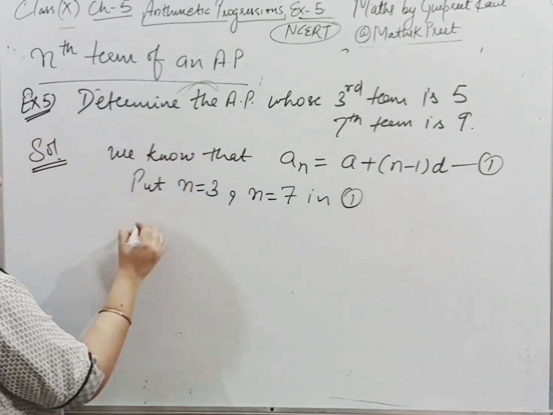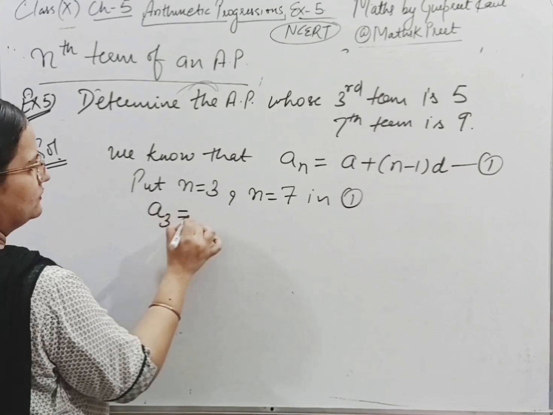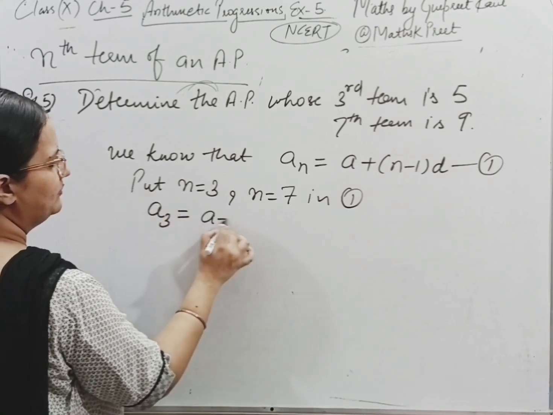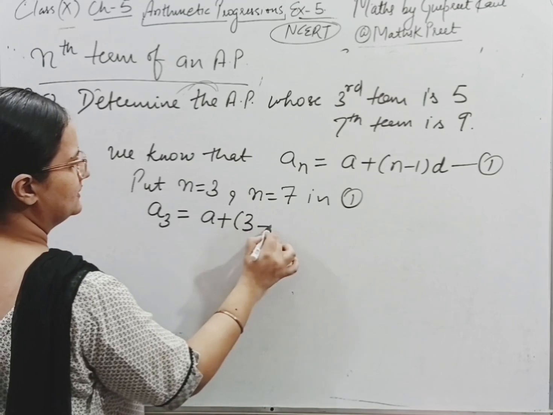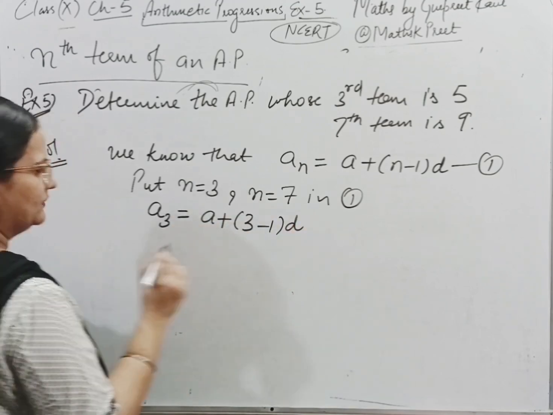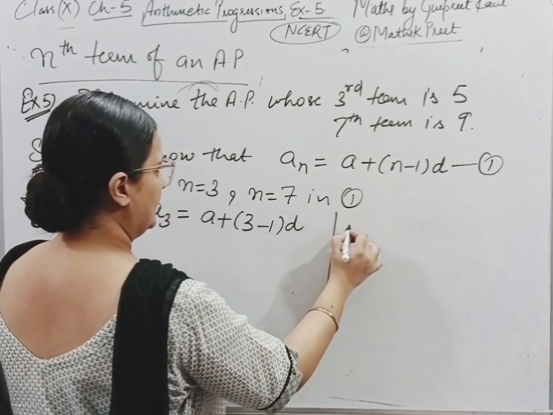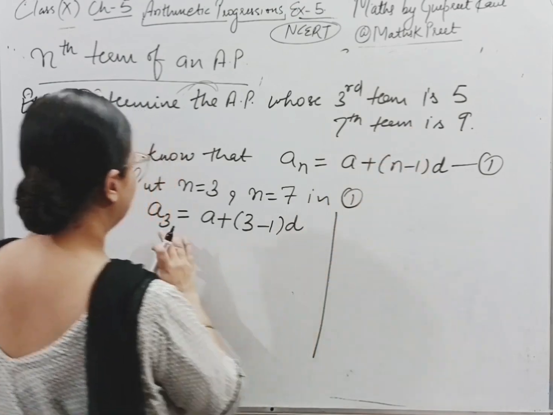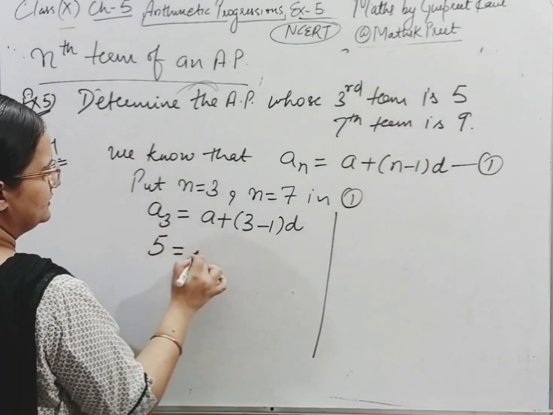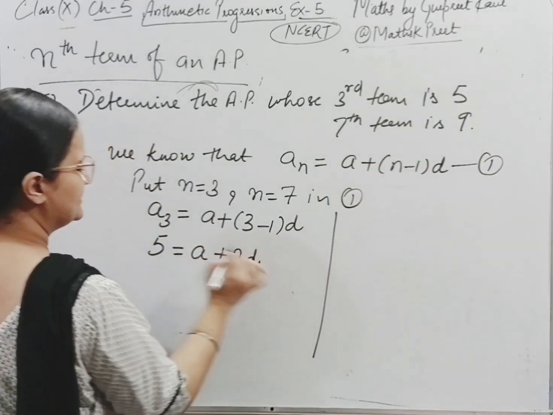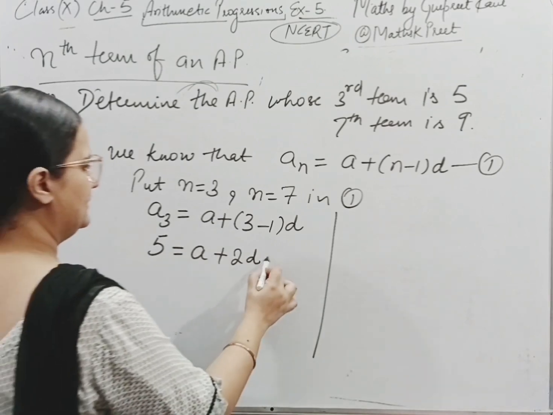So I will get A3 is equal to A plus 3 minus 1 into D. A3 is 5, so put the value here: 5 is equal to A plus 2D. This is the equation I am getting. Mark it number 2.